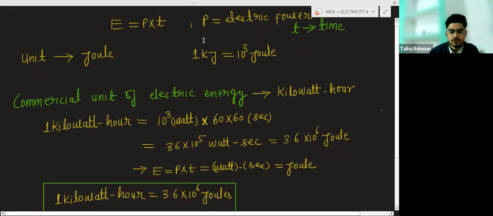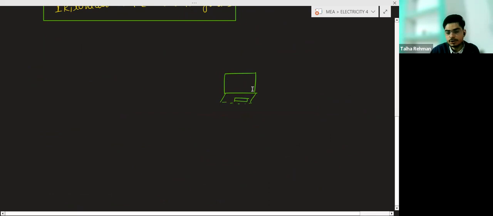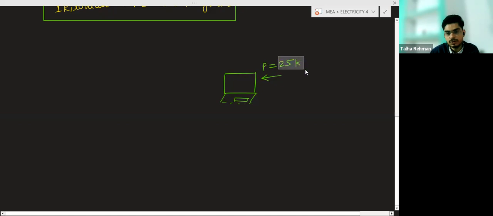For example, suppose you have a laptop. This is your laptop, this is the space bar button. This laptop is consuming power, 120 watt.